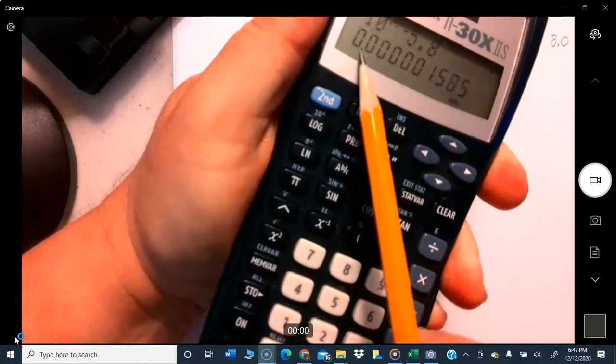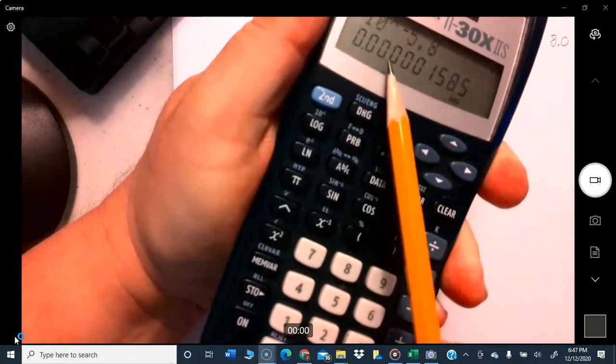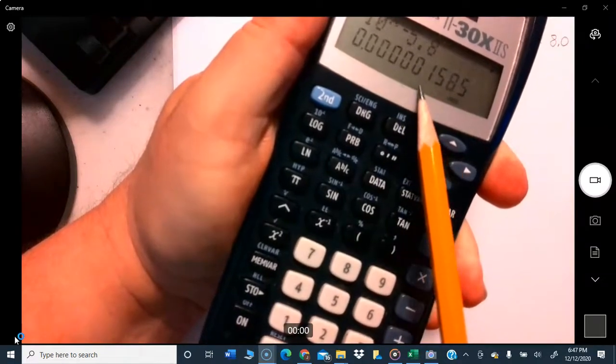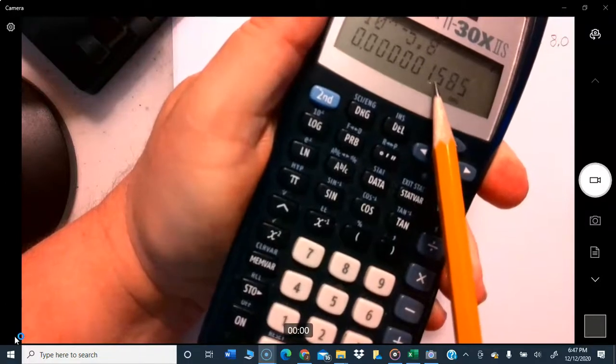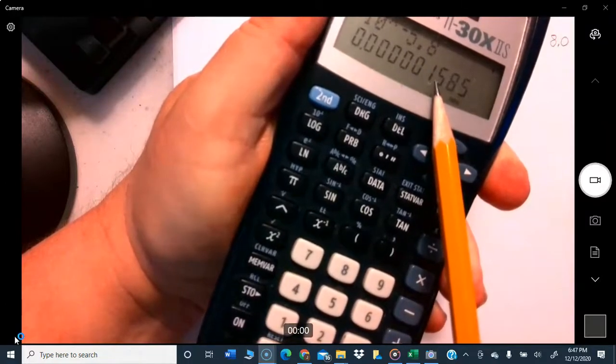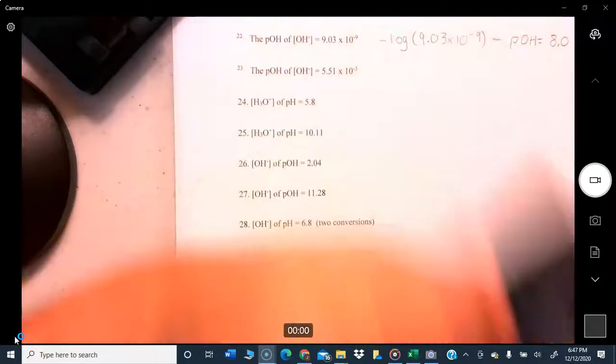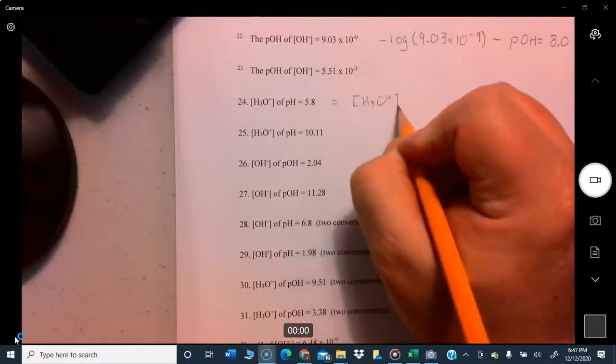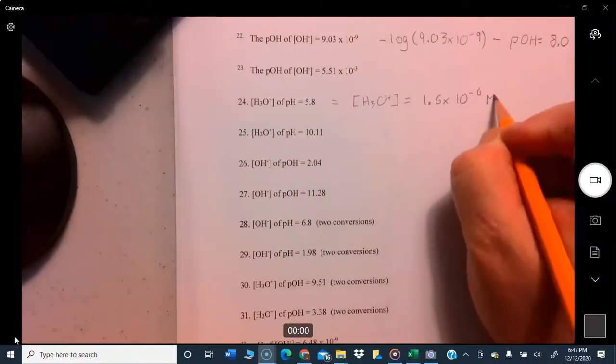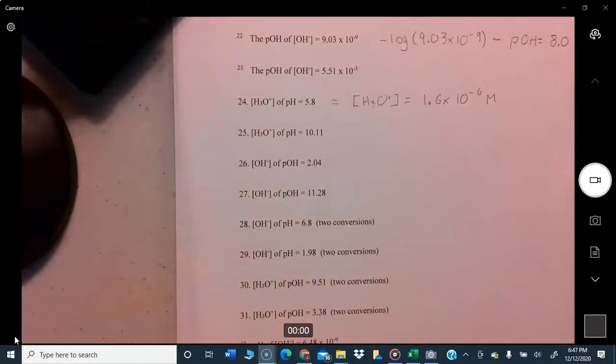You can write it in scientific notation: 1.6 times 10 to the negative 6. And it is a molarity, a concentration, so you should put the unit of measure on the end there. You can do the same for the rest of these.